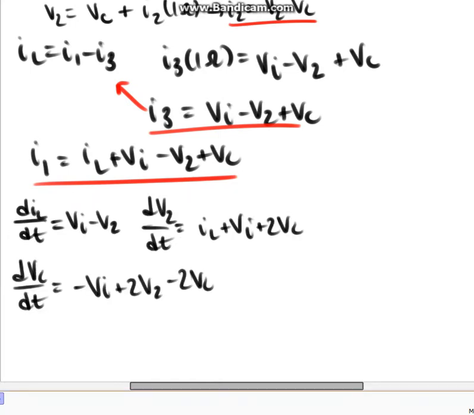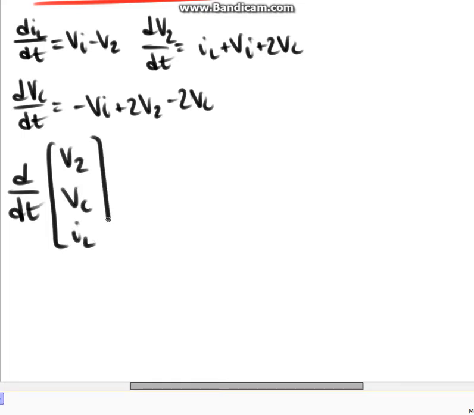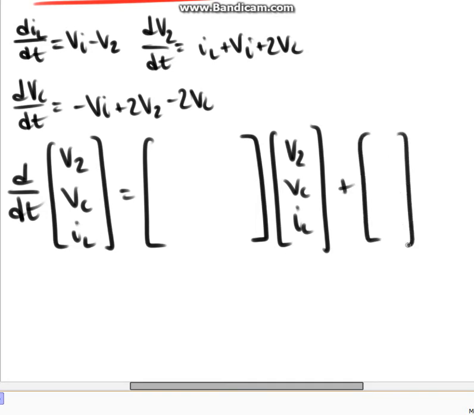Let me set up our answer. We have d/dt times our vector of state variables, V2, VC, IL, which is equivalent to a large matrix, okay, not that large, times our state variables again, plus our input, because we always need input.